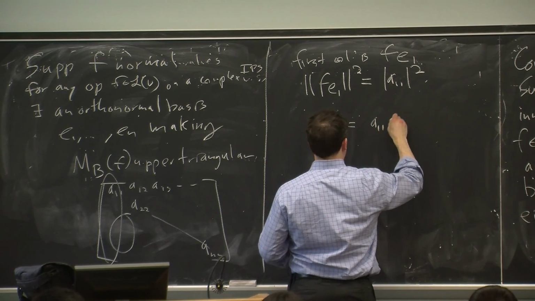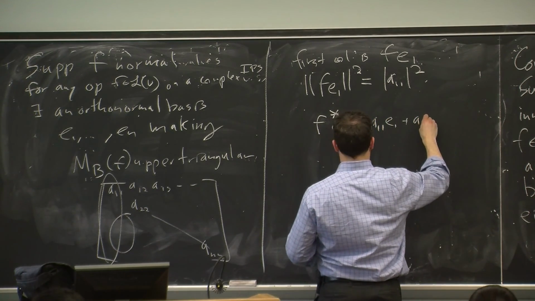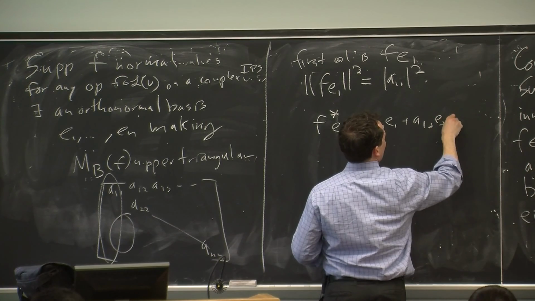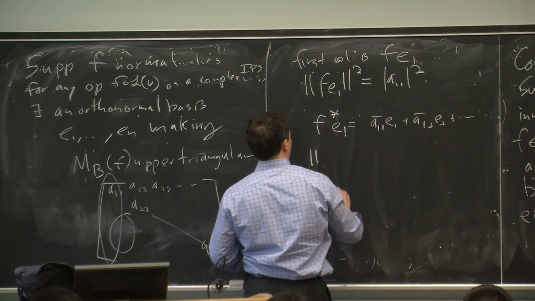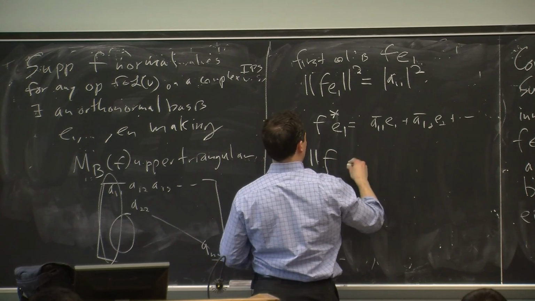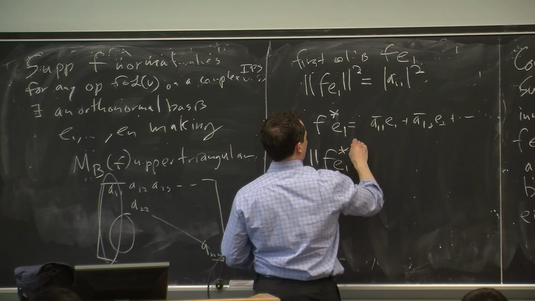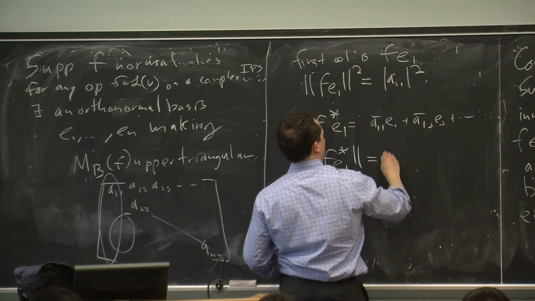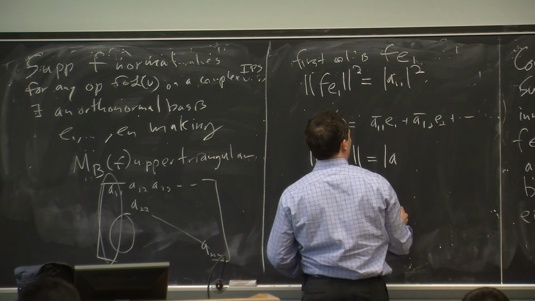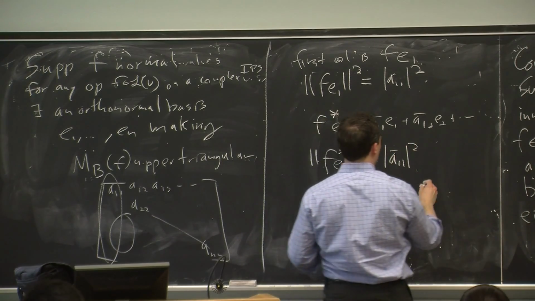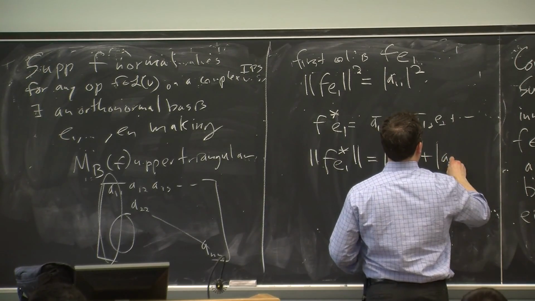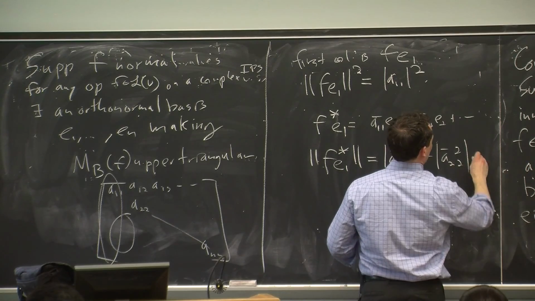A11 E1, A12 E2, and so on, conjugated. When I take its norm, I can forget about the E1s. And I just get the absolute value of A11's conjugate squared plus A12 conjugate squared, and so on.